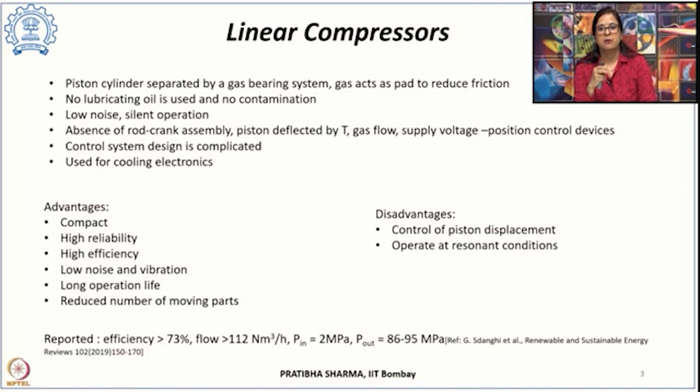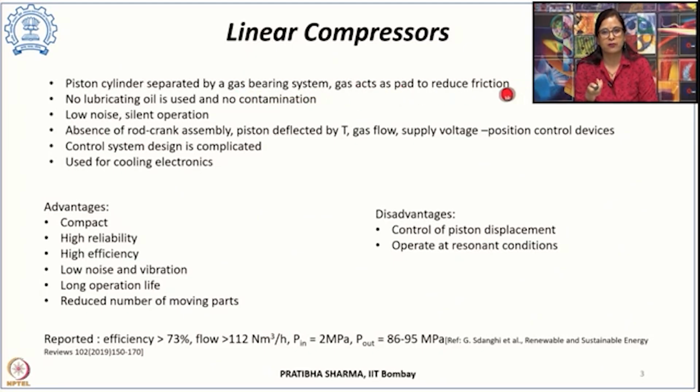Now in these types of compressors, the biggest advantage is that they have a gas bearing system which separates the piston and cylinder, and this gas bearing system reduces the friction and losses. So without using any lubricating oil, we can reduce the friction with the use of this gas bearing system, which can act as a pad.